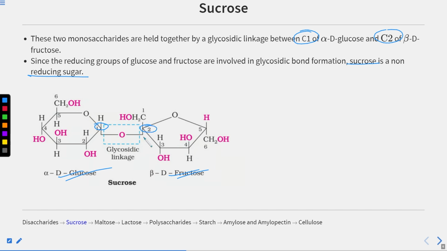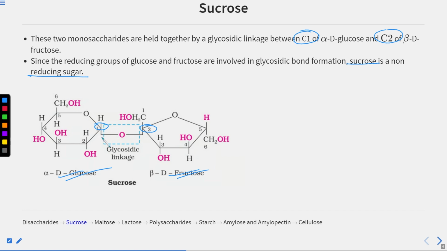Clear? So we will call this linkage the C1 C2 alpha linkage. Why am I calling it an alpha linkage? Because you can see here that both of these OH are present on the downside.